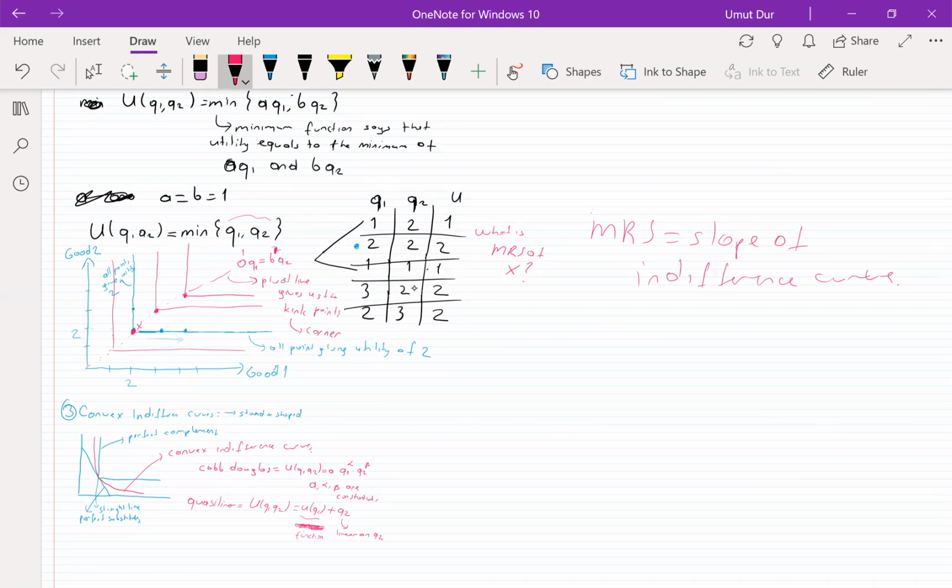So what is the slope? We may have some different shape of the indifference curve. Here, the slope is basically the slope of the line which is tangent at that point.